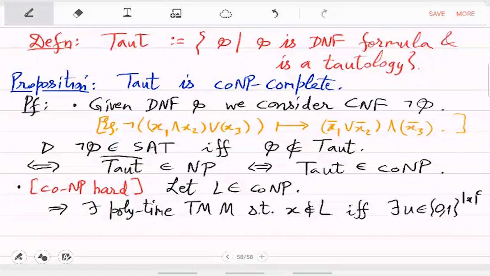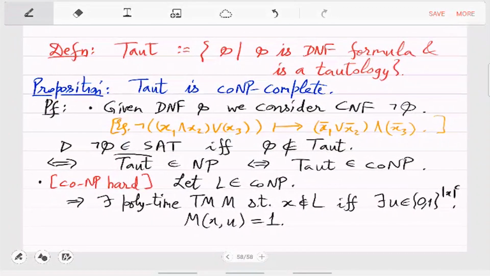For some constant C, there is a certificate of length |x|^C such that M(x, u) is 1. And now for this Turing machine computation where u is the unknown, you do the Cook-Levin reduction proof and you will get a formula.